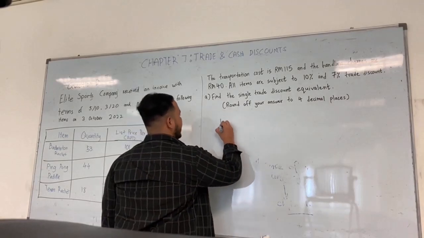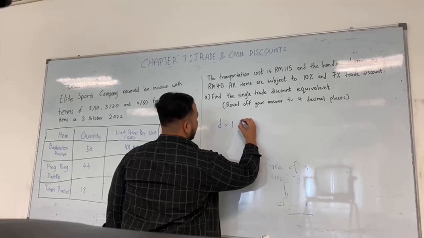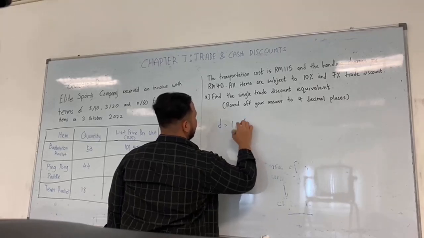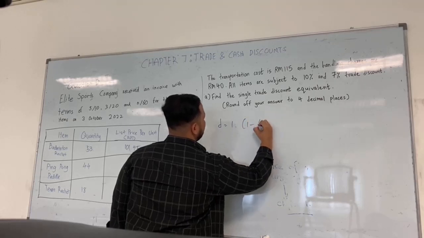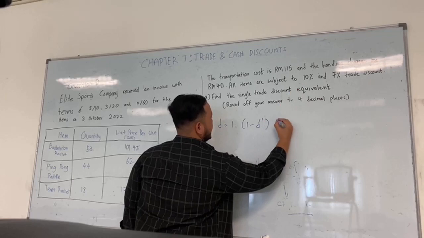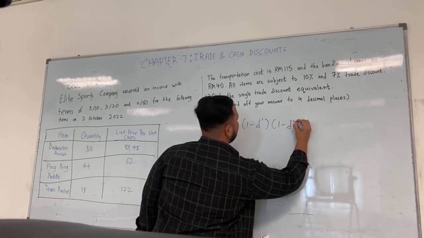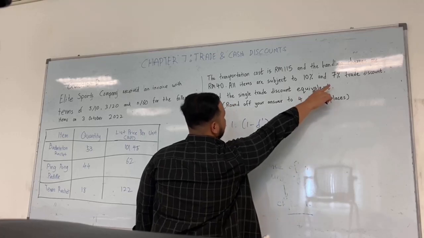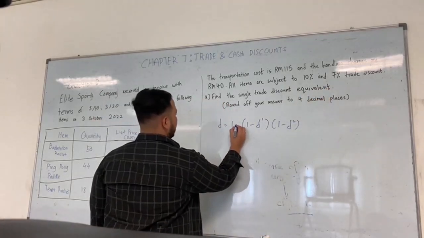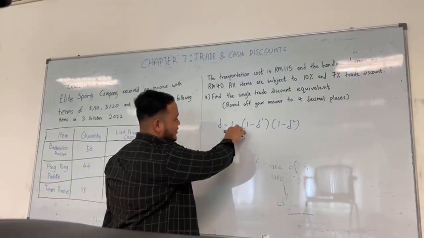The formula is D equal to 1 minus, no, 1 minus D1, D1 equal to 10%, and 1 minus D2, and we know that D2 equal to 7%. I forgot, we need to minus it.